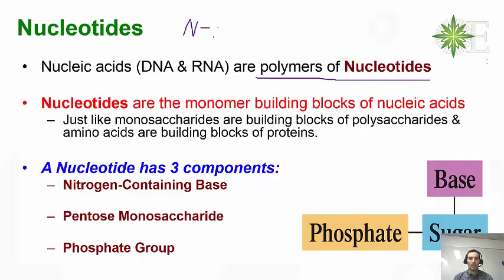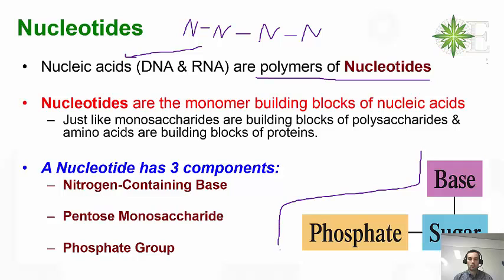We've got chains of these nucleotides connected together, which makes our nucleic acids. So you can think about the nucleotides as being the building blocks for our nucleic acids. And within each block, we've got these regions. We've got a nitrogen-containing base, a sugar, and a phosphate. So together, these will make one nucleotide.